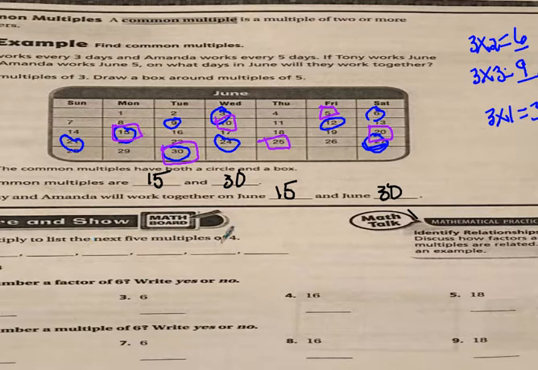Multiply to list the next 5 multiples. Okay, so we'll come down below where it says 1 times 4 is 4. Then go 2 times 4 is 8. And then 3 times 4 is 12. 4 times 4 is 16. 4 times 5 is 20.